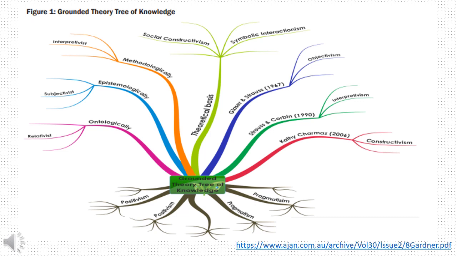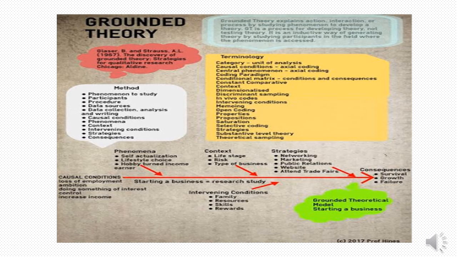But when we look at epistemology, they all were subjectivist. And if we say ontology, as they delve into the phenomena without any presupposed assumptions, they were relativist in nature.